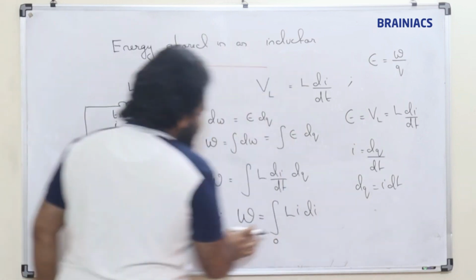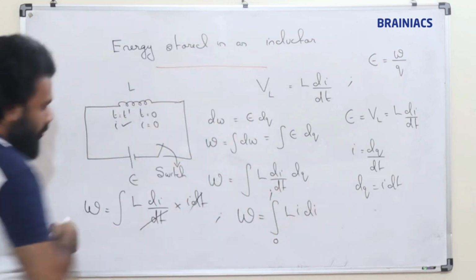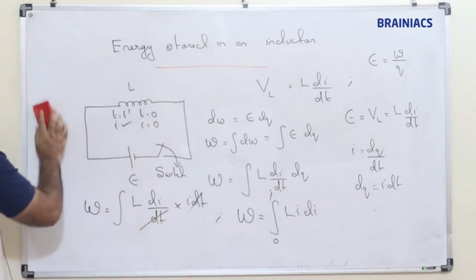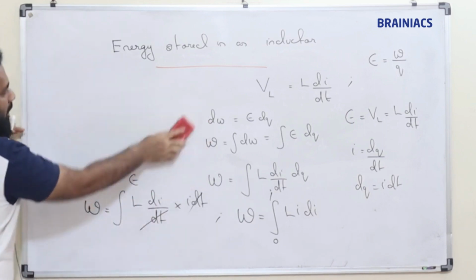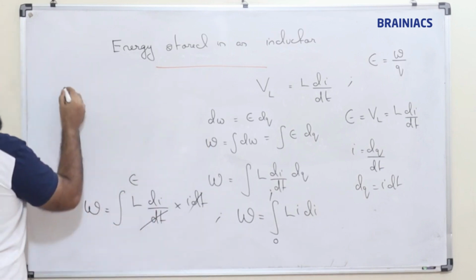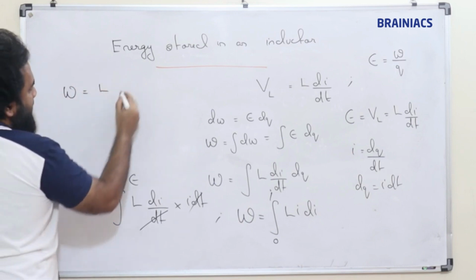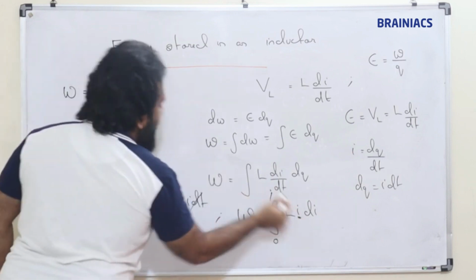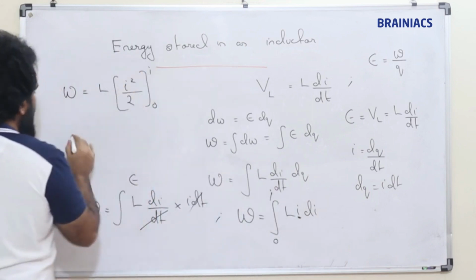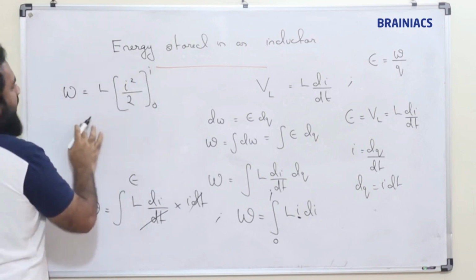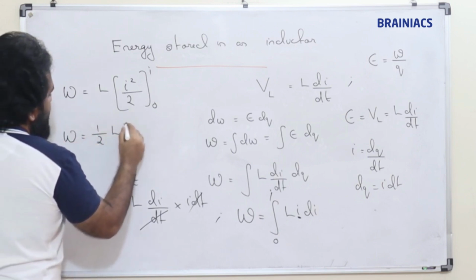So the limits are 0 to I. Work done will be W equal to L, which is constant, times the integral of I di, where the variable is I. So I square by 2, putting the limit 0 to I. Finally, work done is nothing but half L I square.